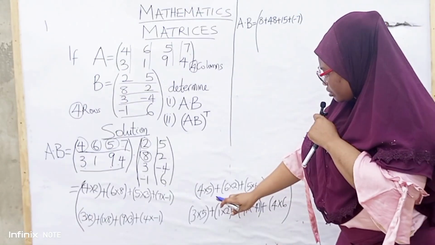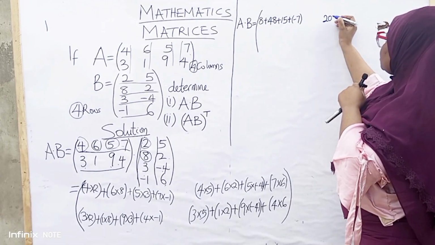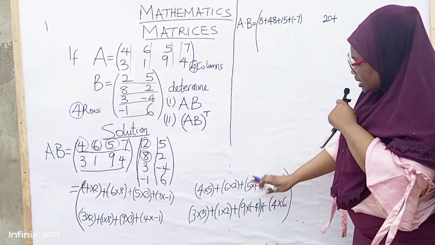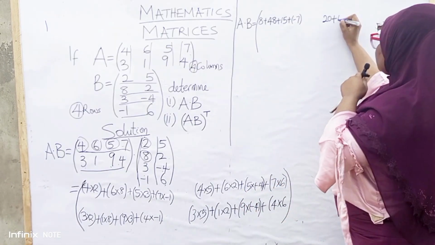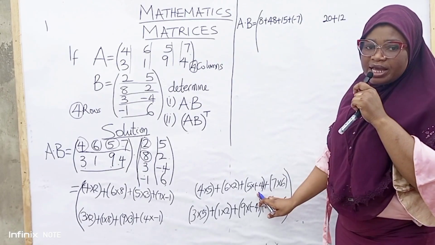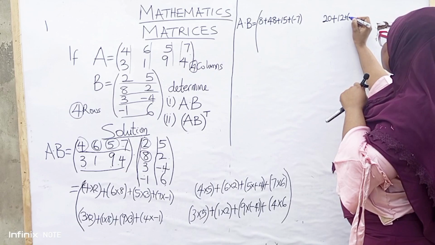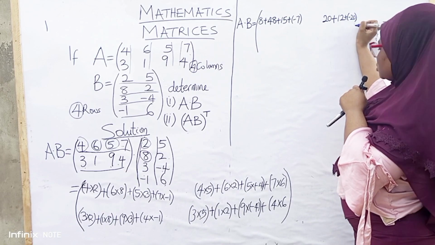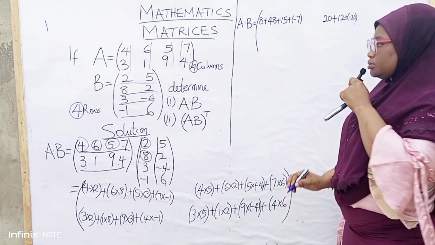So we are here now. 4 multiplied by 5, that is 20. Plus 6 multiplied by 2, that is 12. 5 multiplied by minus 4, minus 20. 7 multiplied by 6, 42.